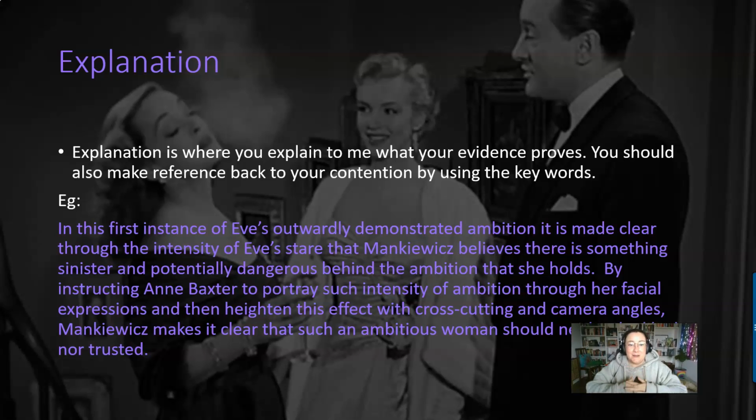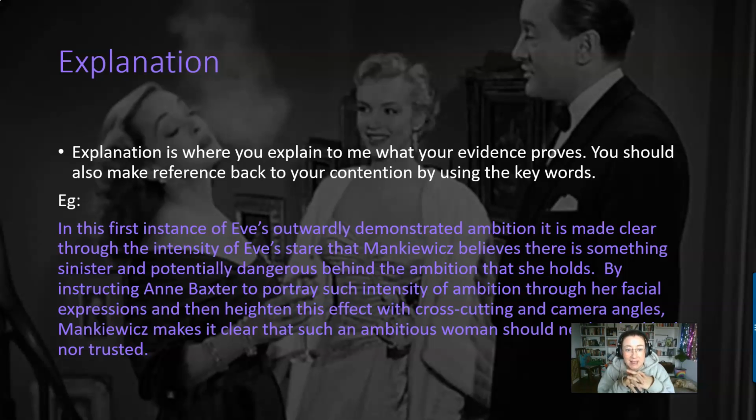So here's my explanation of that piece of evidence. In the first instance of Eve's outwardly demonstrated ambition, it is clear through the intensity of Eve's stare that Mankiewicz believes that there is something sinister and potentially dangerous behind the ambition that she holds.